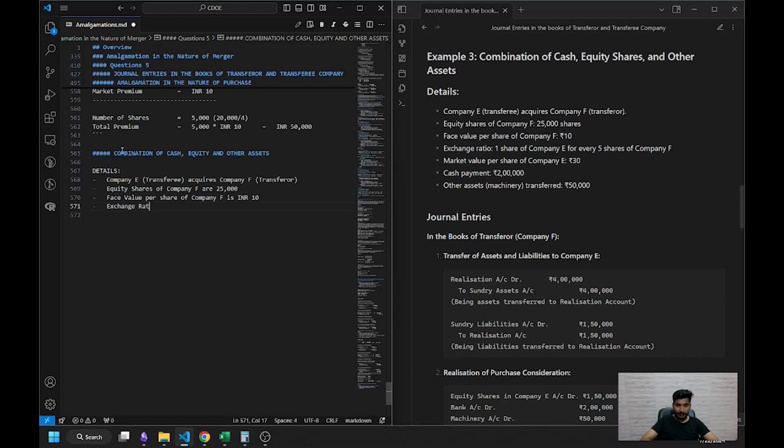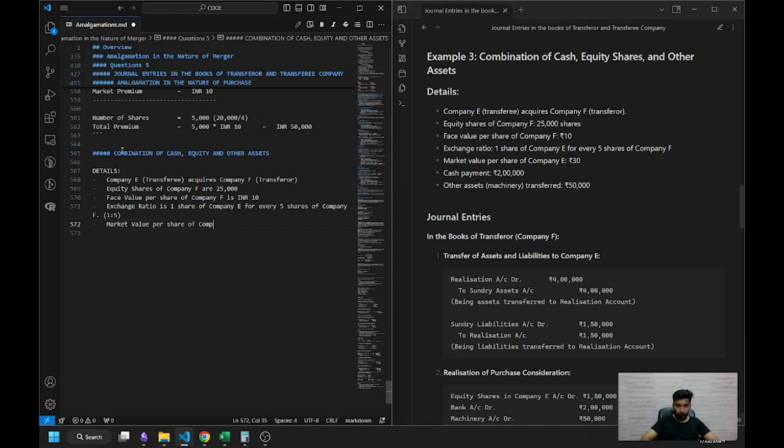Also given that the exchange ratio is 1 share of company E for every 5 shares of company F. That means the ratio is 1:5. Then the market value per share of company E is rupees 30.